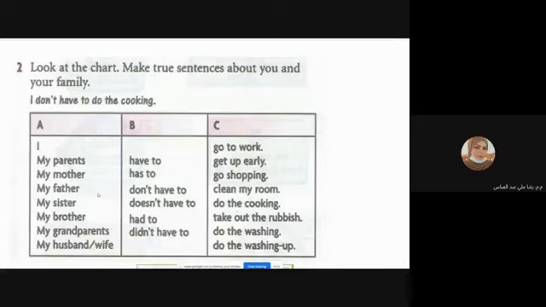And in all cases they are followed by the infinitive.